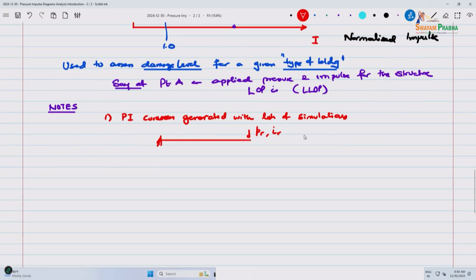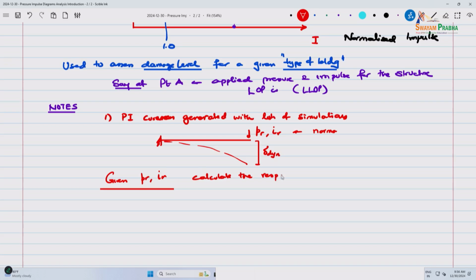Then you normalize it, and then you find the delta here. So given PR and IR, calculate the response for each combination.